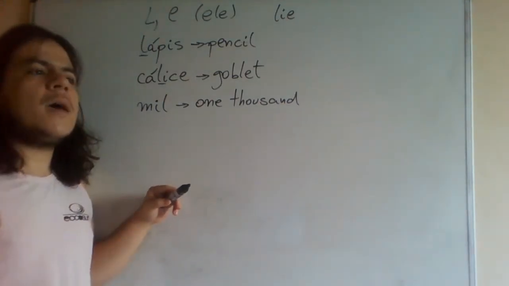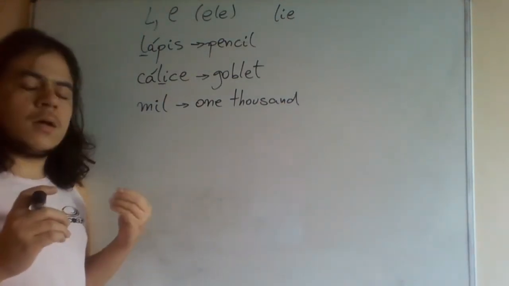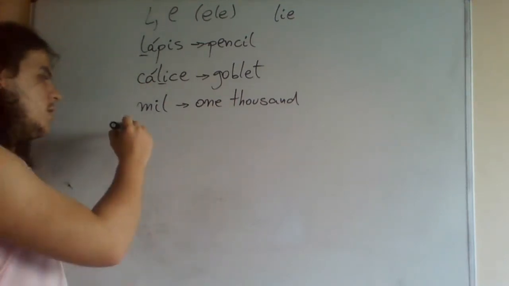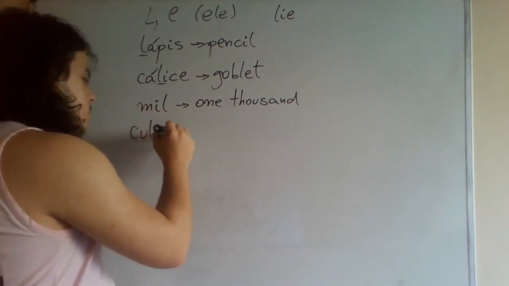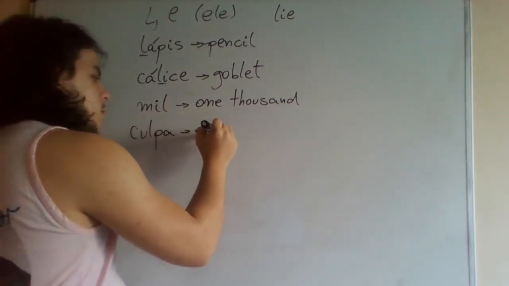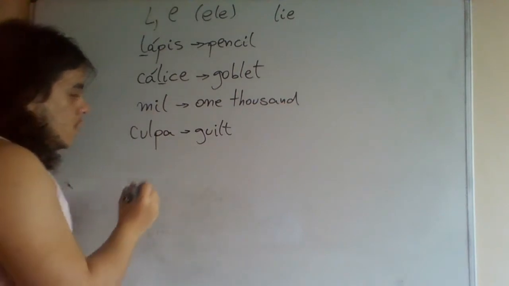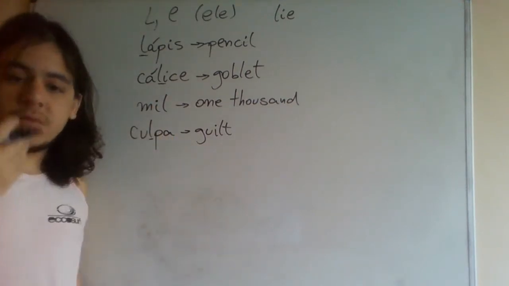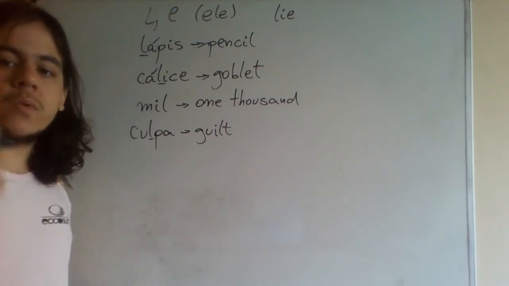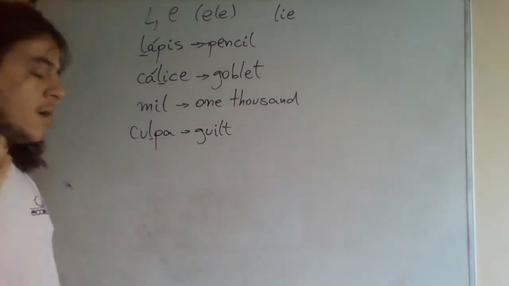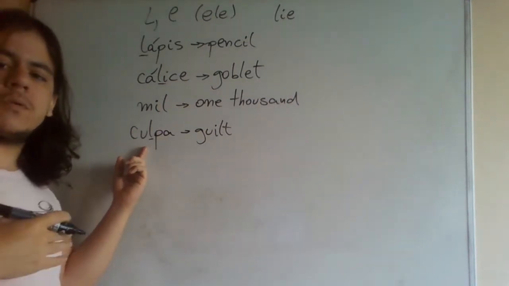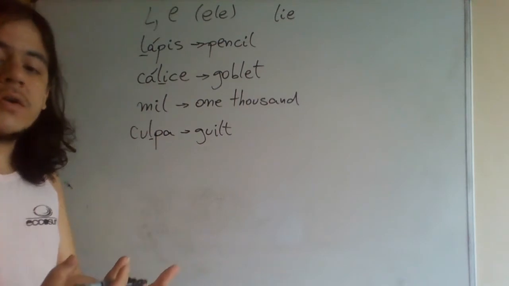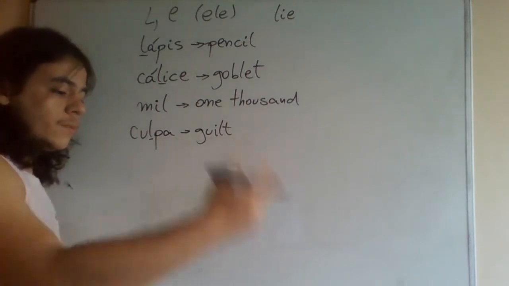And what happens if letter L comes after the vowel U? For example, this word that means guilt. So letter L is at the end of a syllable. So in the speaking way, it will have the U sound. And we have the vowel U before. So we extend the sound of letter U. We say culpa.